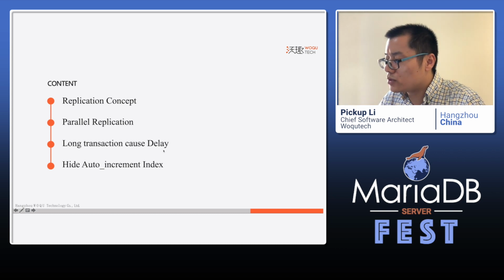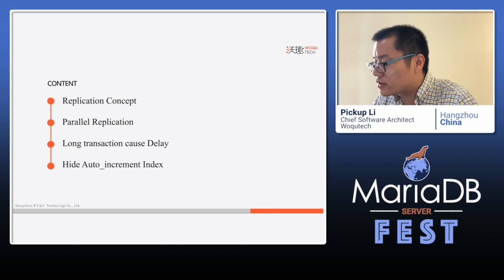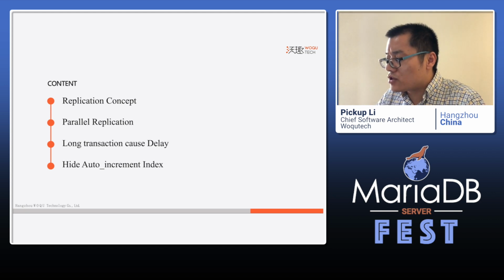After that, we tried to solve the problem of replication delay caused by long queries like big deletes and DDL. Finally, I introduced the hidden index solution implemented by Watchtag to help the non-index table. I hope that through my 30-minute introduction, you can understand MariaDB's effort to reduce replication latency and get some advice for reducing the delay on replication.